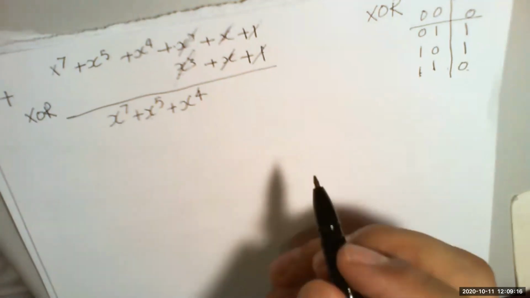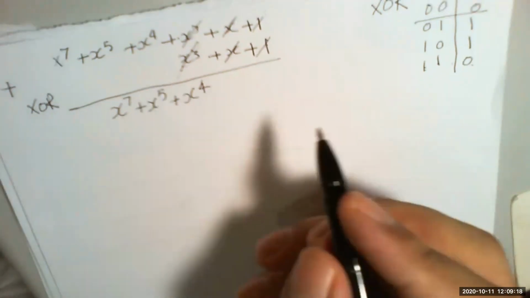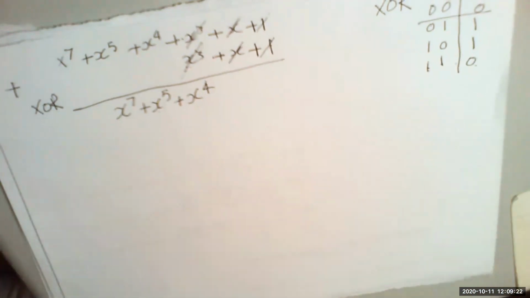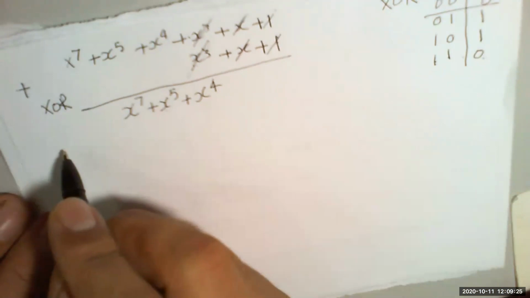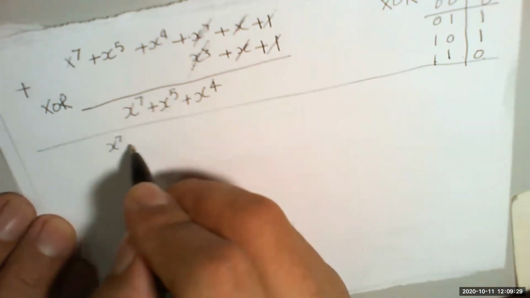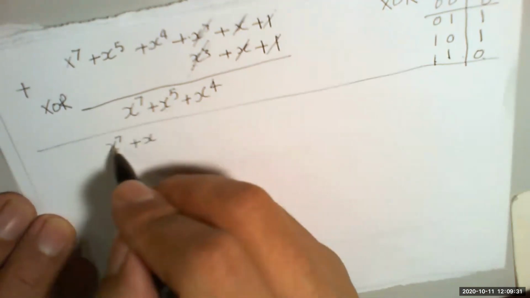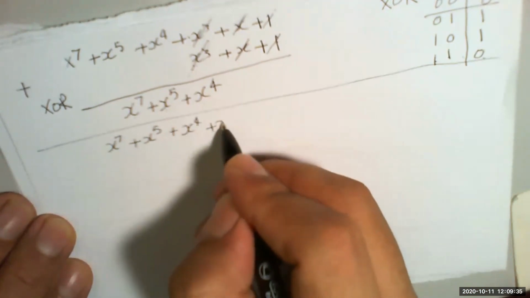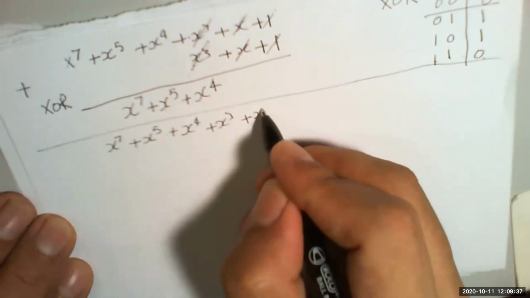Okay, what about multiplication? Multiplication is a little long compared to the other types of operations because the example here is long. Okay, let's take it step by step. x to the power 7 plus x to the power 5 plus x to the power 4 plus x to the power 3 plus x plus 1.